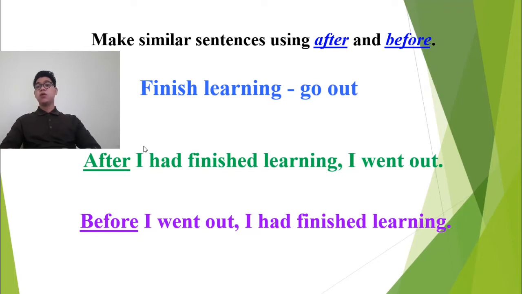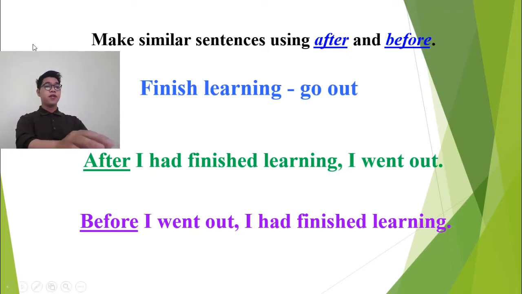Yeah, after. So remember, after is followed by past perfect first and simple past then. Before is followed by past simple first and then past perfect then. Yeah. Before I went out, I had finished learning.